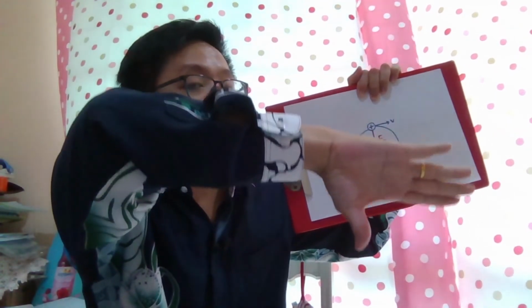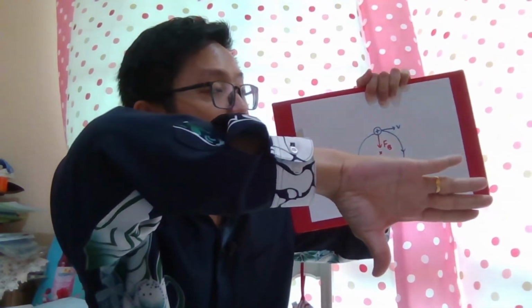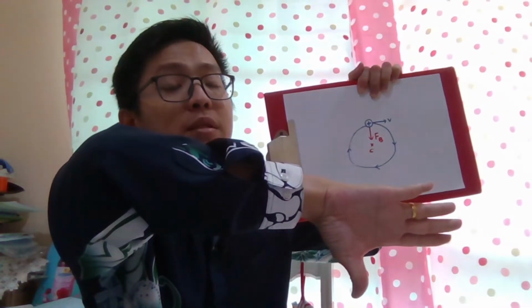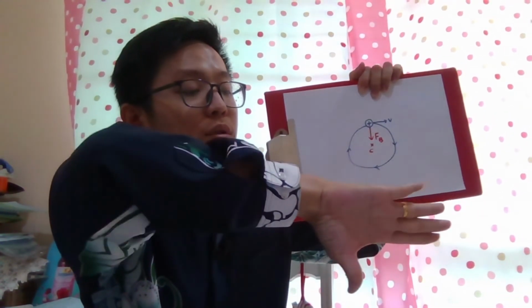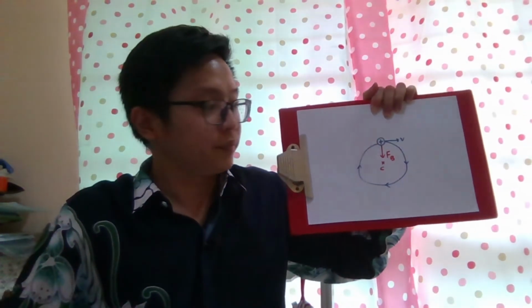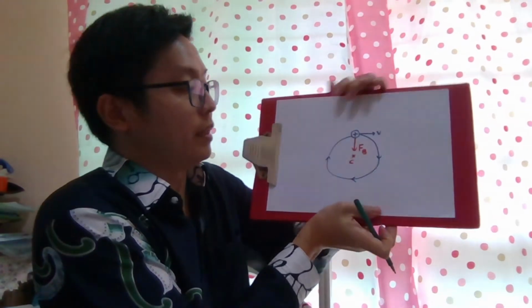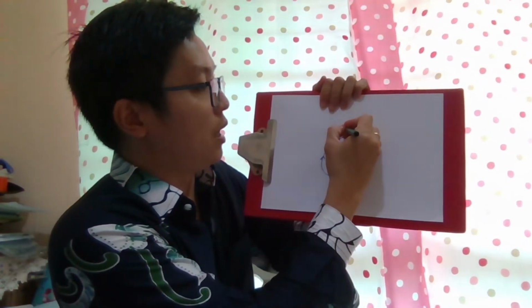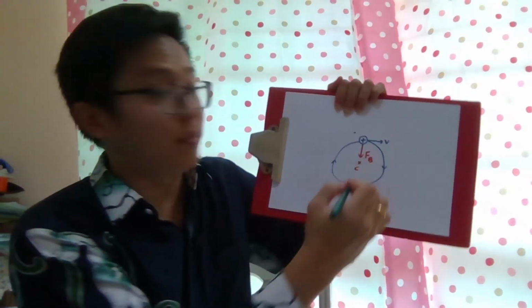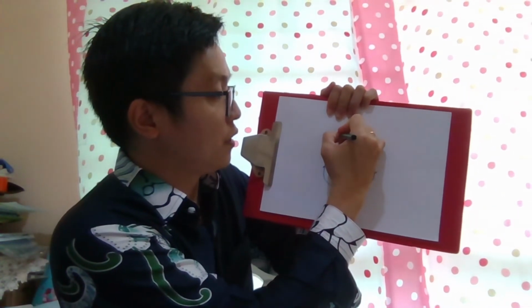Velocity to the right, it's a positive charge so you follow the thumb, and the thumb must be pointing downward. So my palm is the magnetic field, going out of page. Let me draw out the magnetic field. This is our magnetic field going out of page.